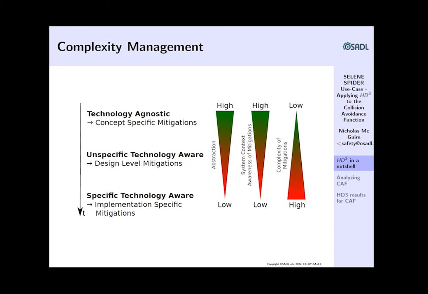We don't need to consider a lot of system context for the implementation at this level, because we know from our architectural analysis before which interdependencies or independence exists, but the actual implementation of mitigations and indications can have a very high complexity.